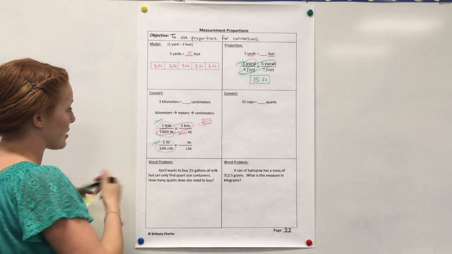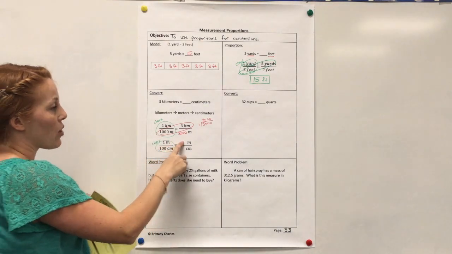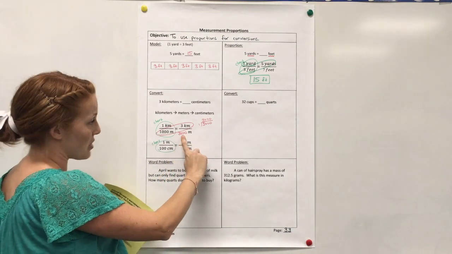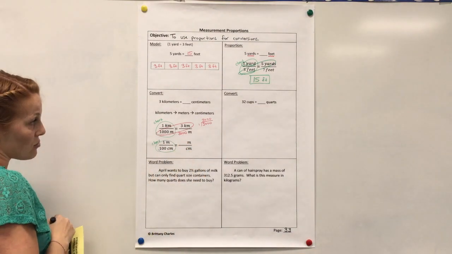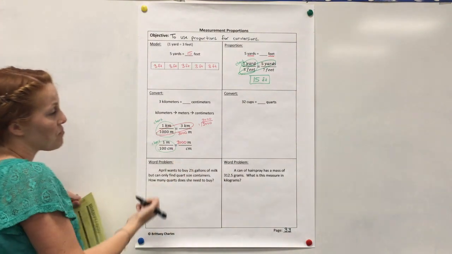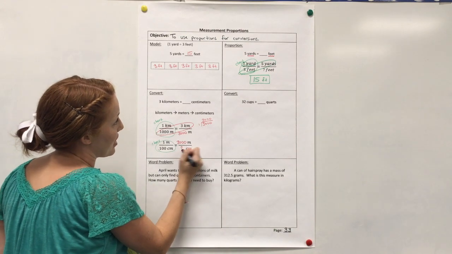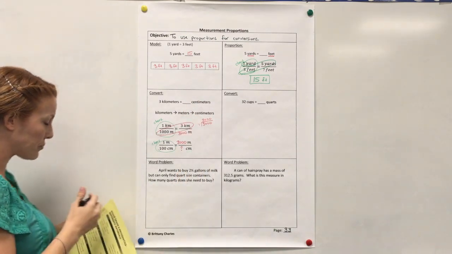On my chart, it says that 1 meter is 100 centimeters. And now, what do I put over here? Well, I just found out this number, which is 3,000. So 3,000 meters is how many I have. And now I need to convert that to centimeters. That's the final thing I'm looking for.